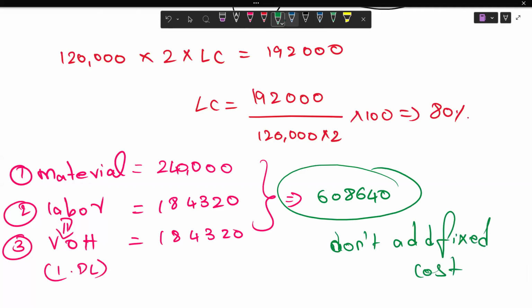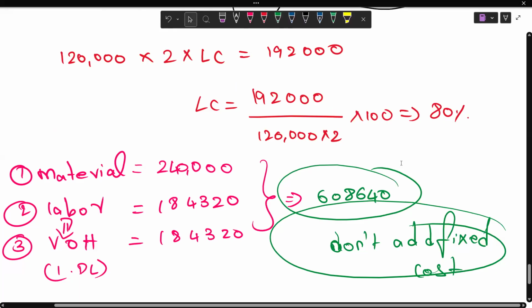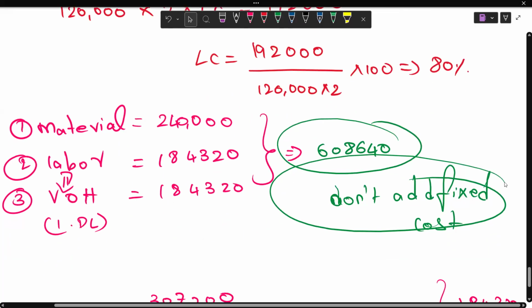It's historical information which is not important for my bidding, because irrespective of anything, even if you produce one unit, it is the same. Even if you produce at 100% capacity, it is the same. The fixed cost only increases beyond the range. For example, my capacity is 100,000 units. If I go beyond that, I may incur additional fixed cost. Otherwise, for producing up to 100,000 units, I incur only $100,000. So you do not need to add it. So this is the answer.